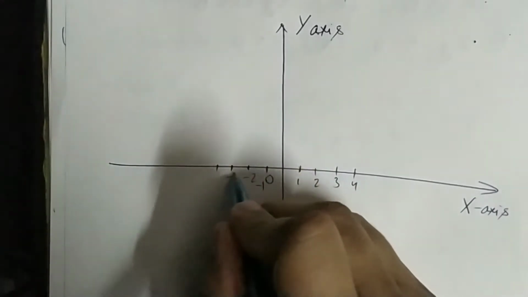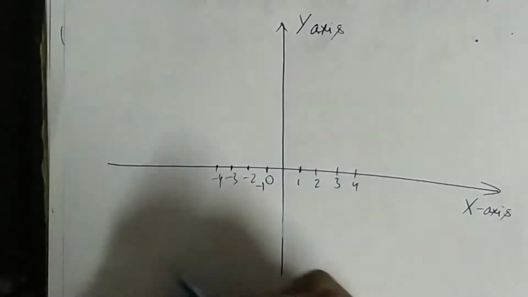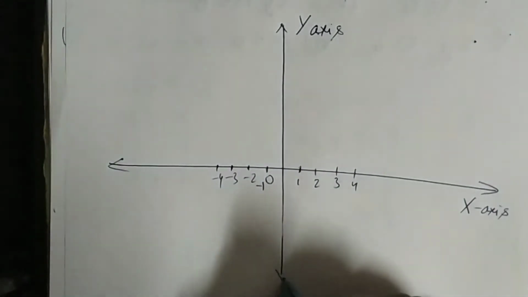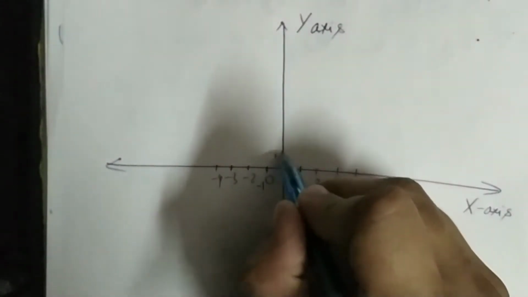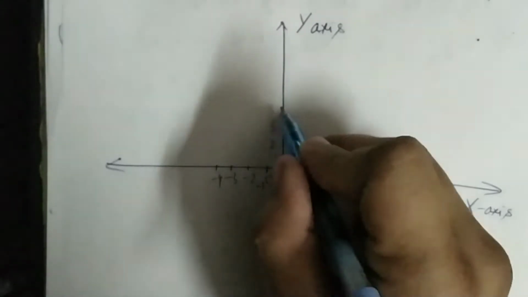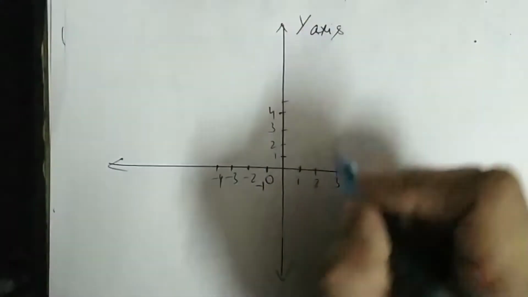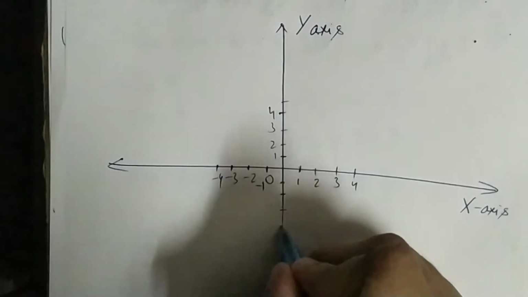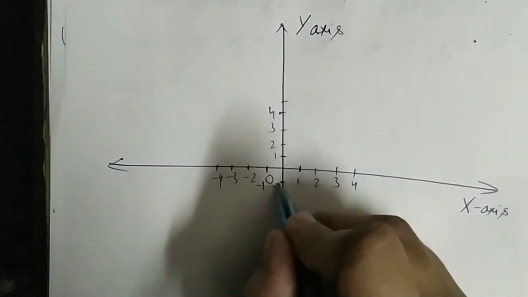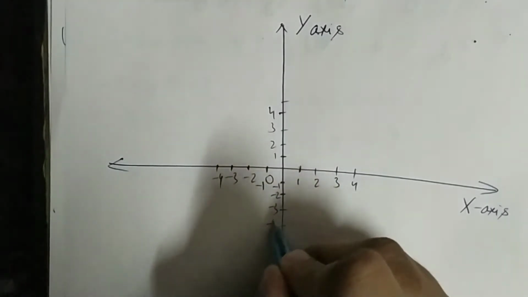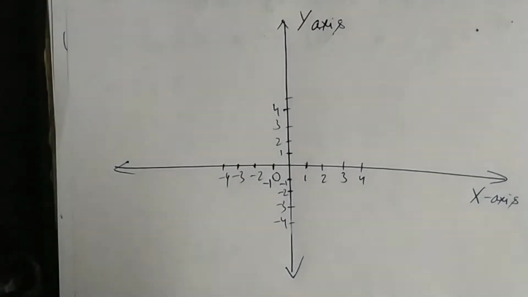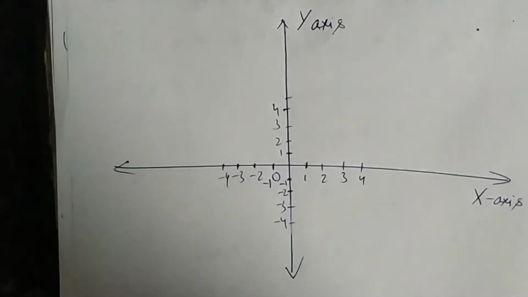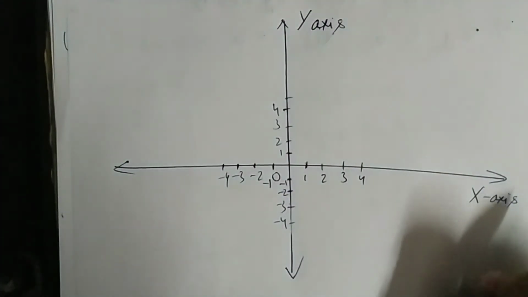Same way, on the y-axis this is positive 1, 2, 3, 4 and so on. This is minus 1, minus 2, minus 3 and minus 4. So this is how you draw a graph.